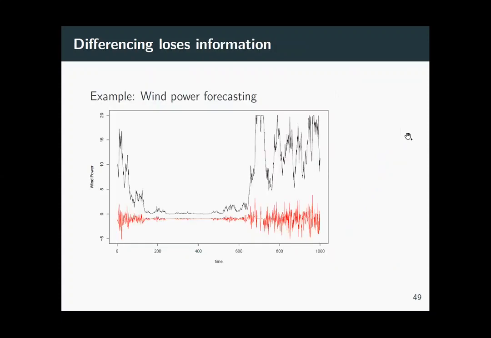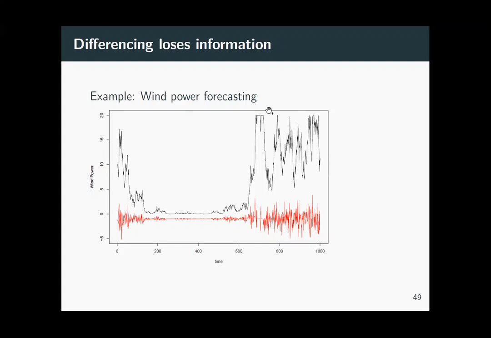Another example I want to show is this wind power forecasting example. It's kind of artificially made up data. But in wind power, you have your wind turbine, and you have a very clear minimum and maximum: you cannot generate less than 0 power. And the maximum is that the wind turbine will generate maybe 1 megawatt, and that's where it cuts out.